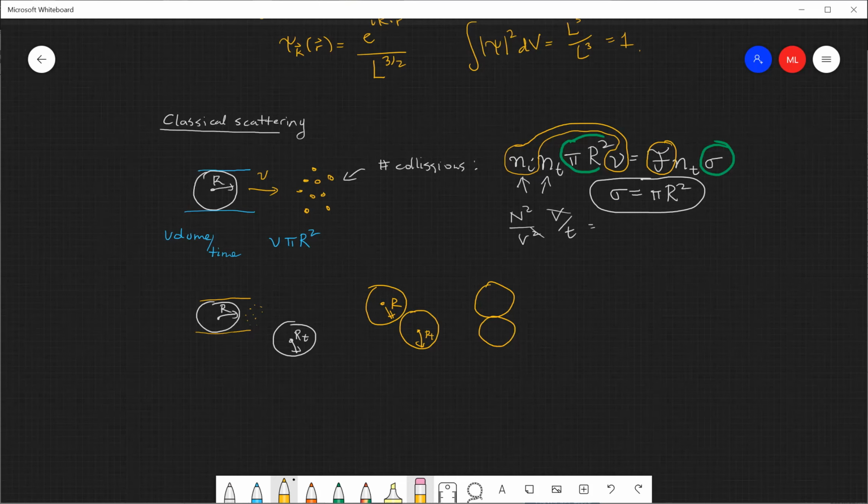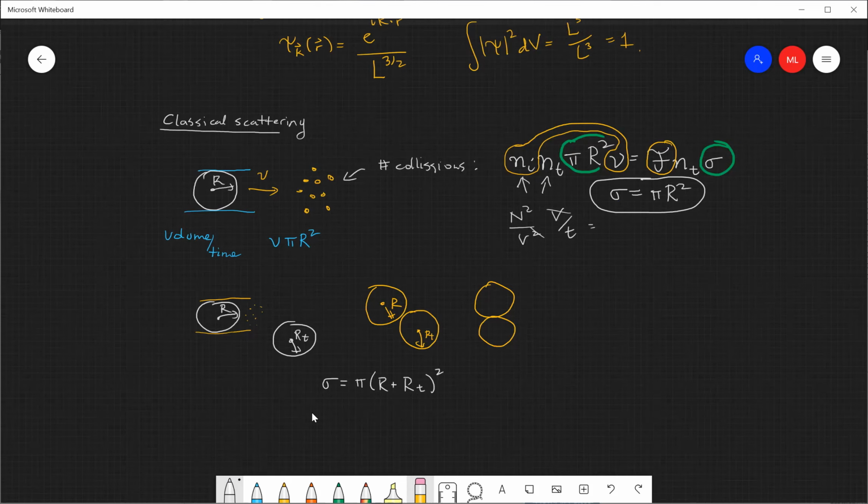So in this case, the classical cross section is going to be the area swept out by the maximal amount of offset. It's basically going to be the area covered by the sum of the two radii, because we can still get a collision even with the two particles barely touching each other.